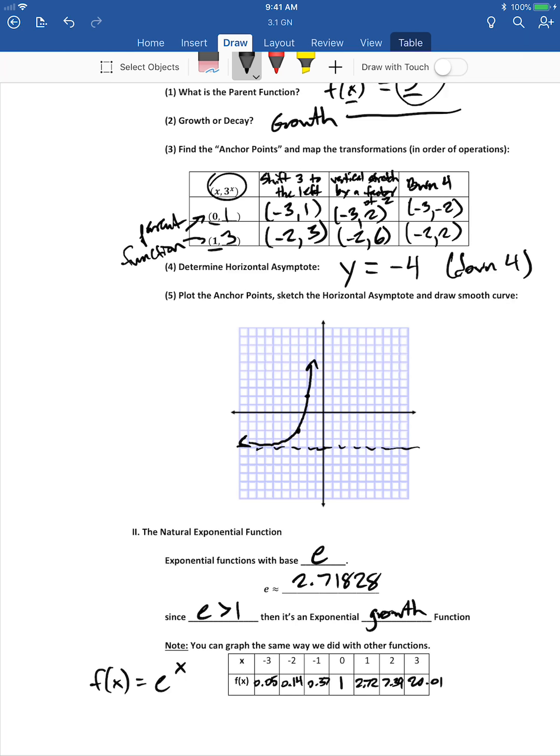And then I could go on ahead and graph that. So, very, very basic overview of the natural exponential function. We are going to talk so much more about this throughout the unit, but for now, I wanted to introduce the notation and get you thinking about this particular function.